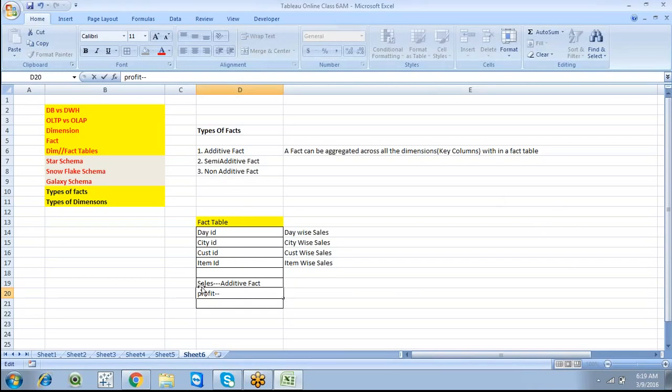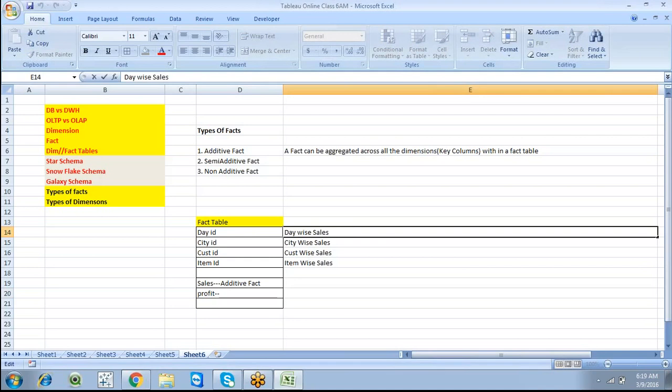So profit: whenever we get the sales, it is also possible to get the profit results. If you get day wise sales, we can also go for day wise profit as well.